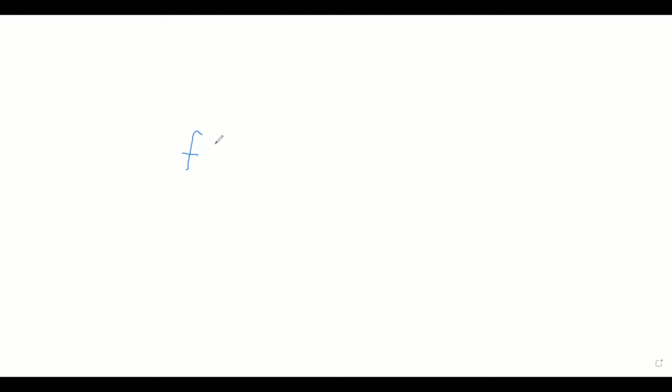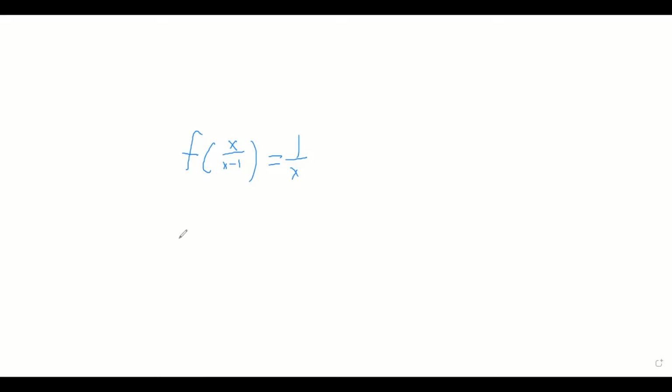I'll write the function out. Oh, wait, no. It's saying f of x divided by x minus 1 is equal to 1 over x. So that's your function.